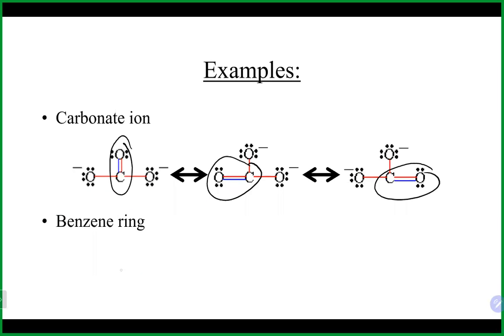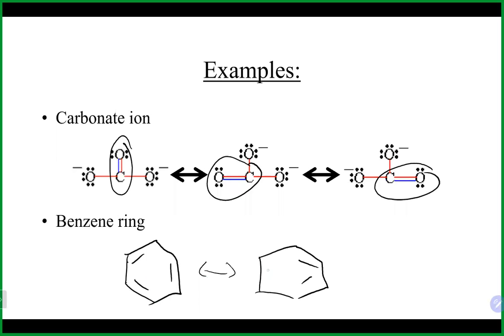Benzene is actually an organic molecule. It's a ring structure. It looks something like this. A bunch of carbons and hydrogens, it has 3 double bonds. Also, you can double bond it in the opposite way. Sometimes people will just draw benzene like this with a circle to indicate that those double bond electrons are moving around.